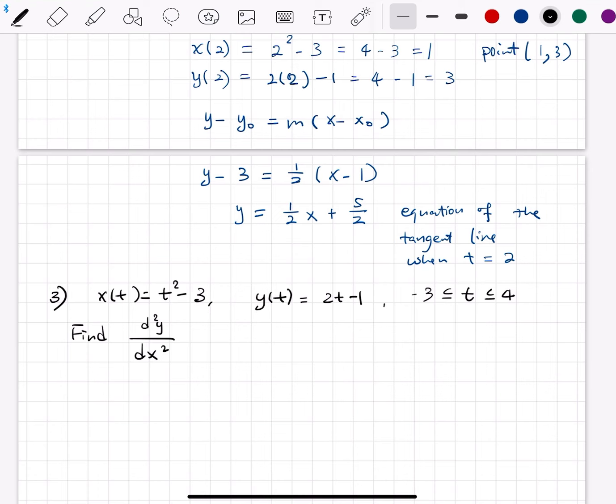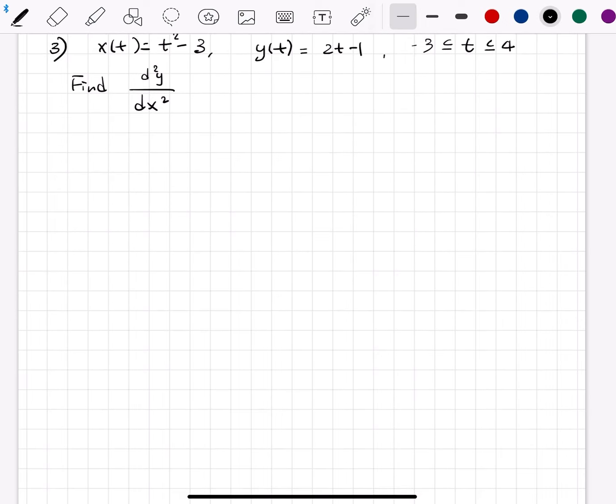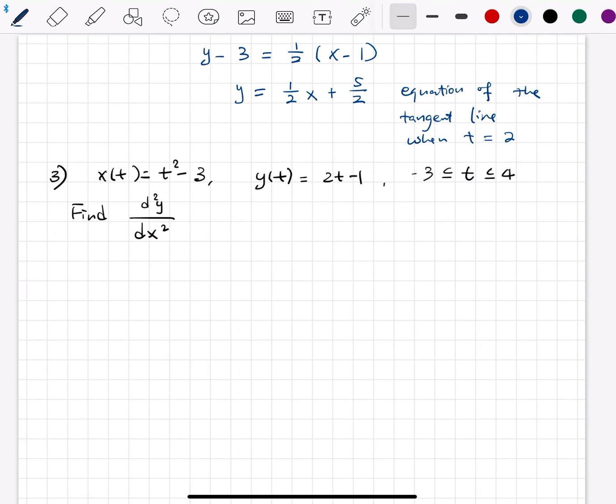The way we define the second derivative is the derivative d dx of the first derivative dy dx.